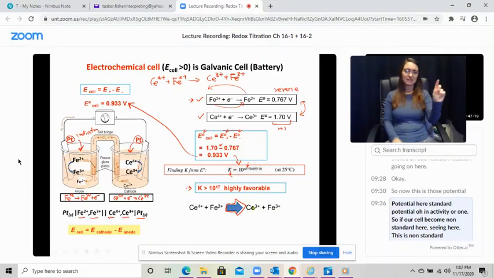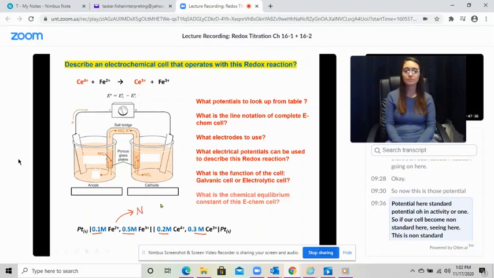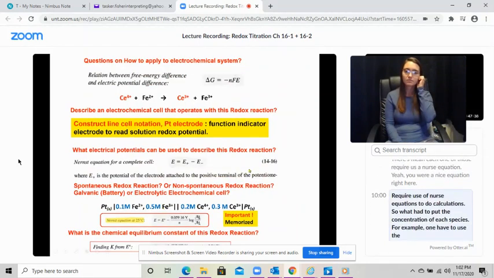So if our cell becomes non-standard, you see right here, these are non-standard potentials. That means for each one of those you use a Nernst equation. You require the Nernst equation right here to do calculations. So one has to put in the concentration of each species.